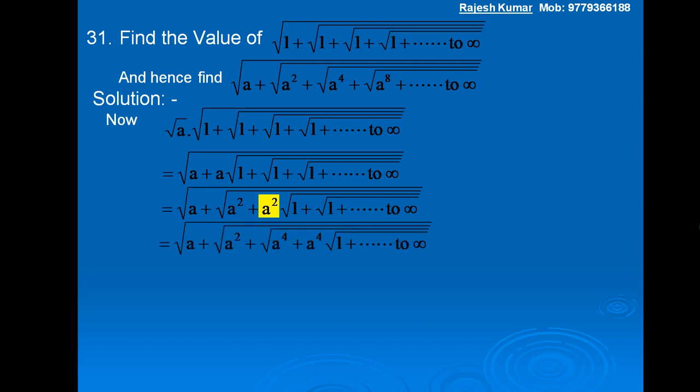So it is equal to a square plus a square into the remaining factor. And again, take this a square within the square root, so it becomes a to the power 4. So this is equal to square root of a plus square root of a square plus square root of a to the power 4 plus a to the power 4 into the remaining factor. That is a square; when taken within the square root, it becomes a to the power 8.